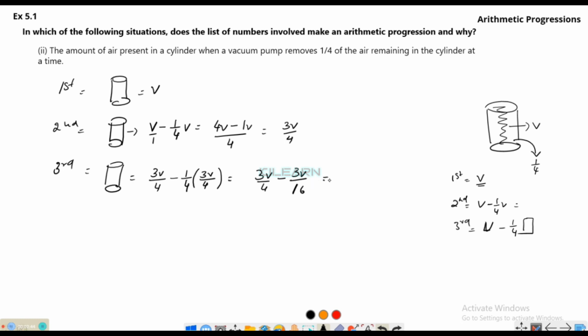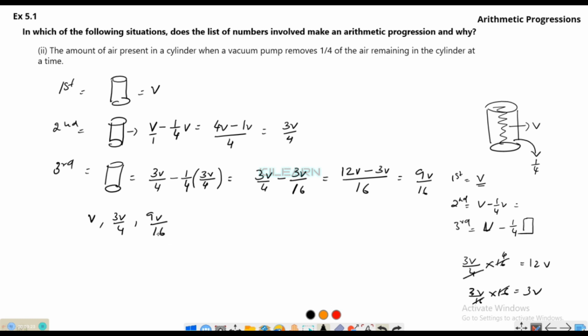When I take the LCM, I get 16. Solving 3V by 4 times 4 gives 12V, and the second fraction stays the same, giving 3V. So 12V minus 3V is 9V by 16. Now the answers we are getting are V, 3V by 4 and 9V by 16.